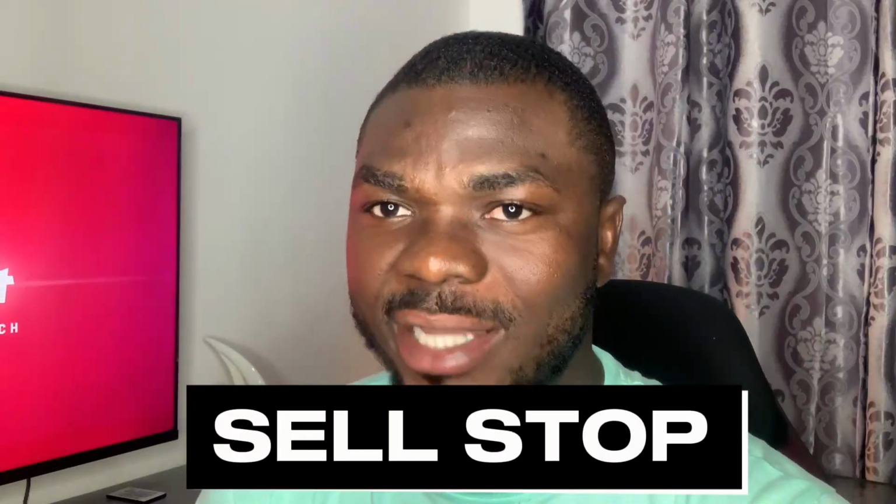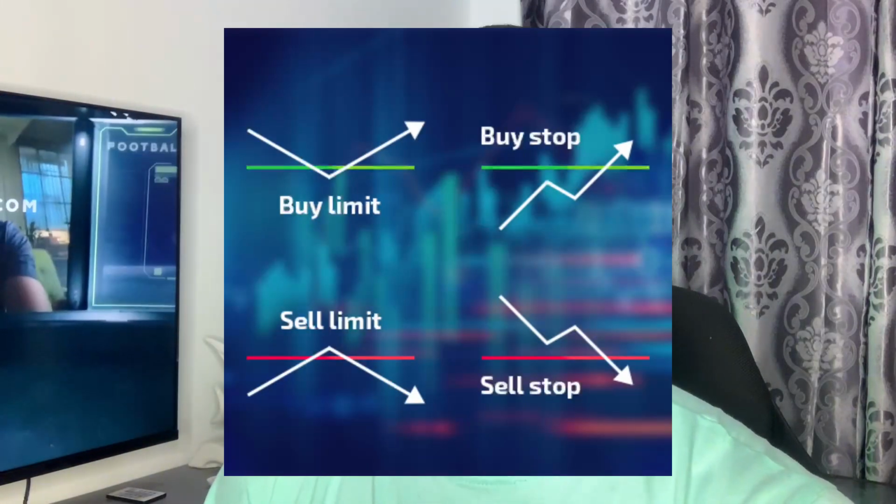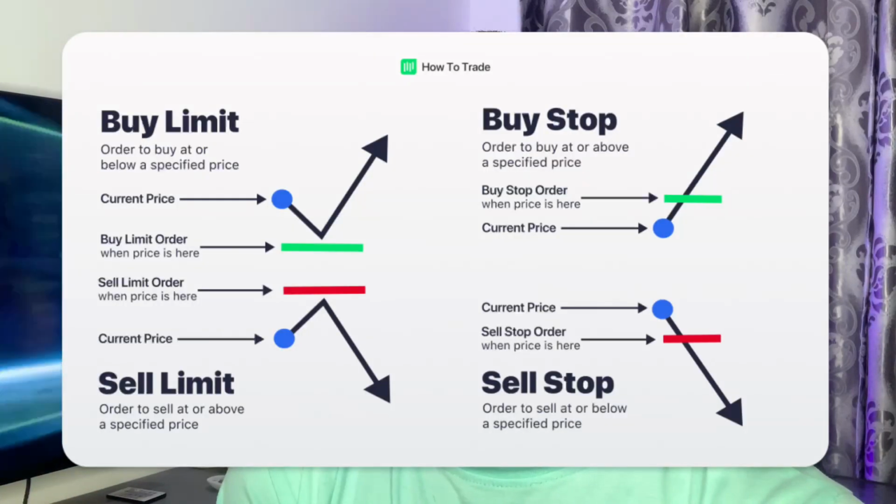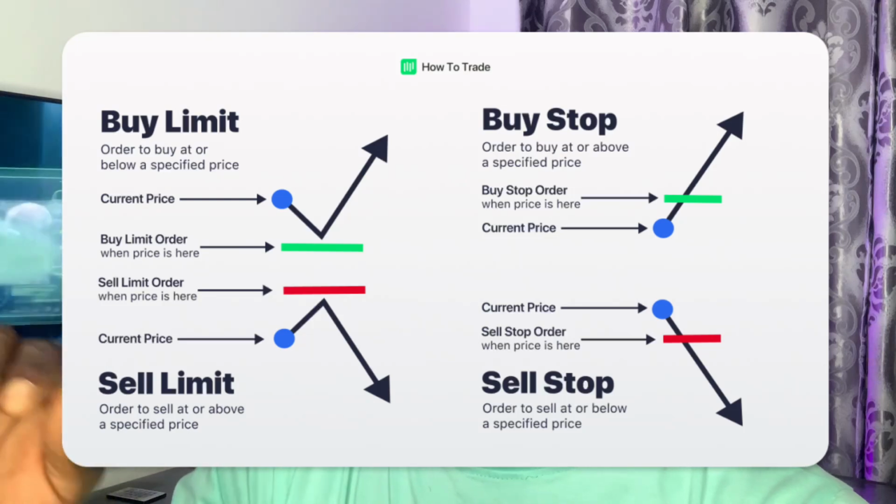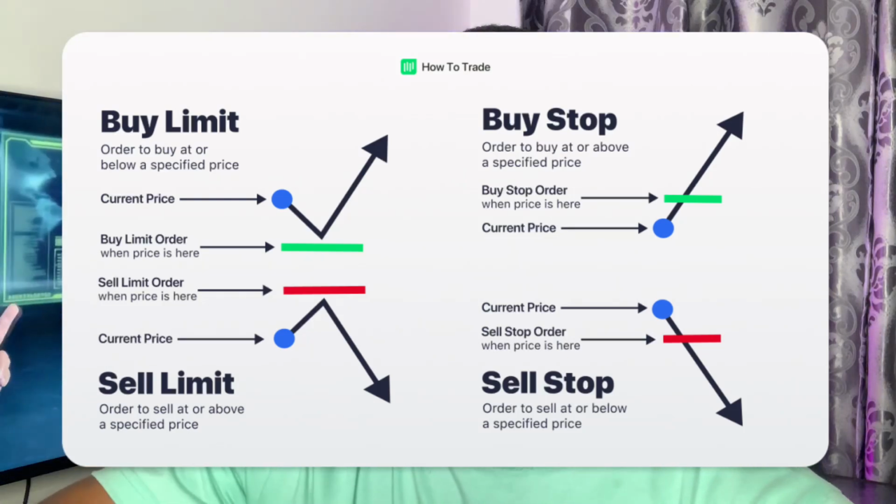So sell stop is the opposite of sell limit. Sell stop means that you definitely know that this is going to sell. It is selling. But you see price at a level where it is currently retracing.